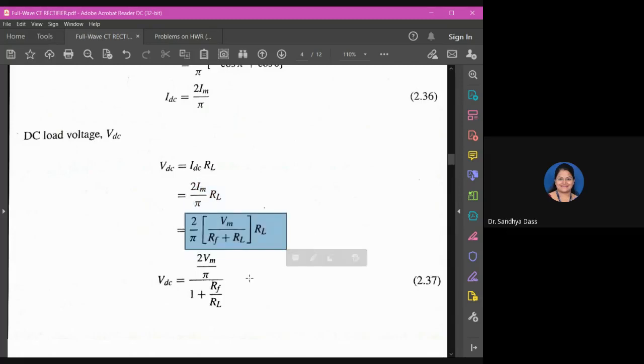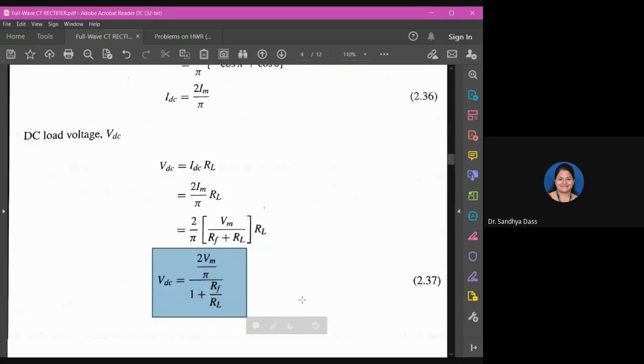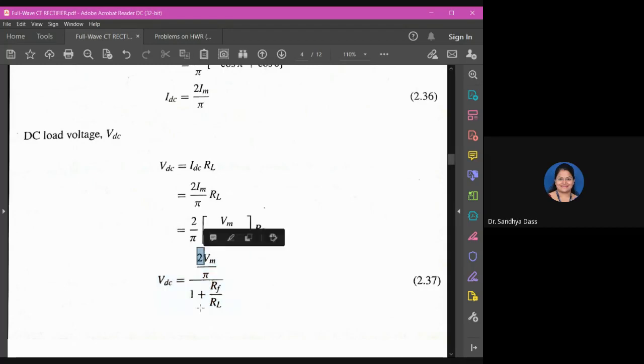So 2 by pi, Im replaced with Vm by Rf plus RL, into RL. Just rearranging and cancelling the RL in the numerator, you will get VDC equal to 2 Vm by pi divided by 1 plus Rf by RL. Again, if you observe, compared with the half wave rectifier, it is twice that of the half wave rectifier.